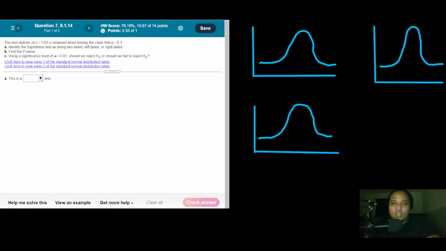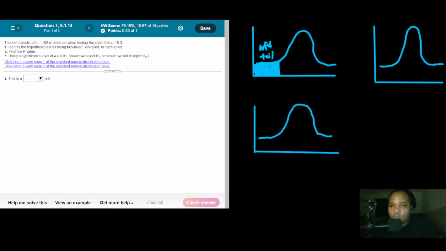Okay. So over here we have a left tail. This shaded region right here, they call the critical region. For those of you testing without the calculator, this will be helpful. This is for left tail. You can see the tails on the left.